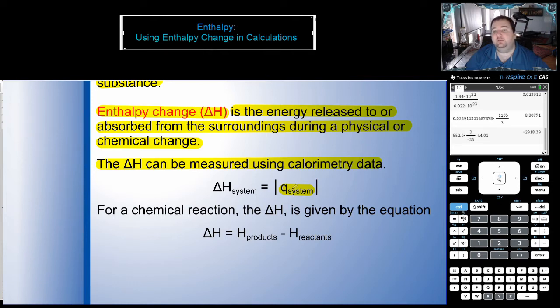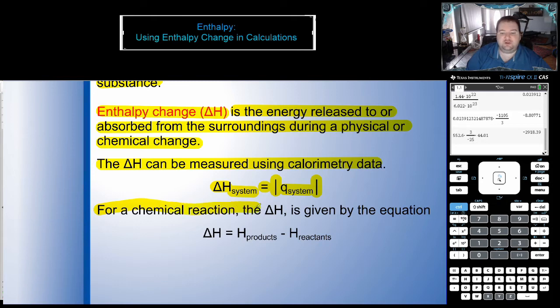If Q is positive, then the heat is being gained by the system, and if Q is negative, it's being lost by the system. Delta H of the system, or the change in enthalpy in the system, is therefore equal to the absolute value of the heat content of that system. So we don't care about whether it's plus or minus, we're always going to treat it as plus.